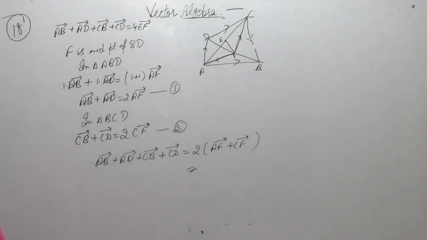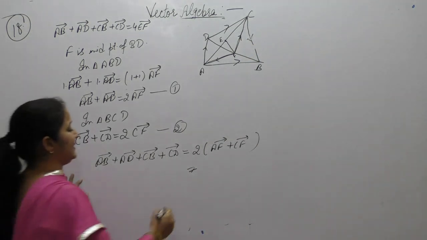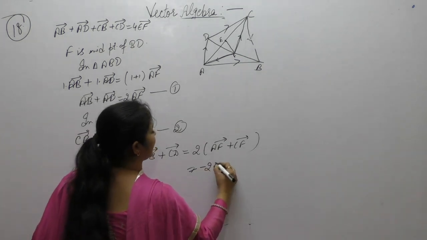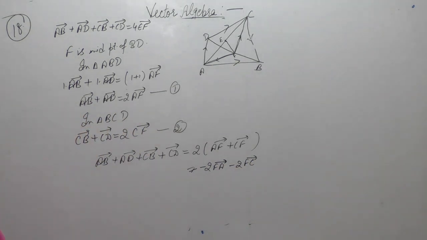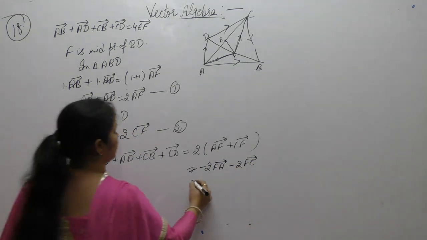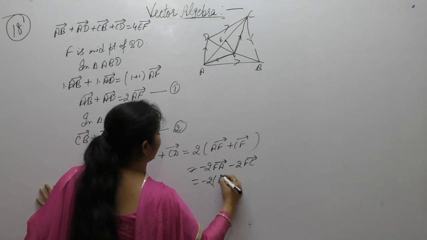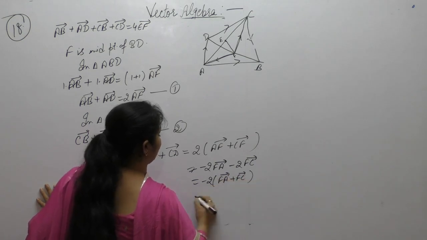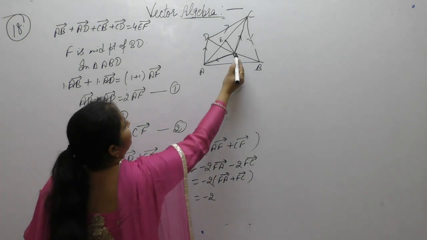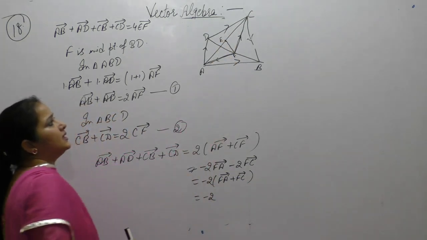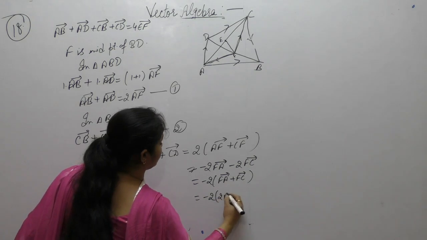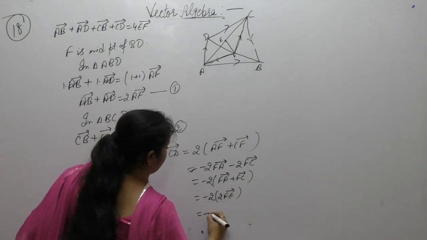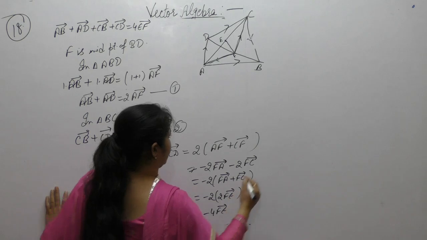AF plus CF, we can write AF as FA and this as FC, minus 2 into FA vector plus FC vector. FA plus FC, so that is equals to 2 times FE vector, 4 times FE vector.